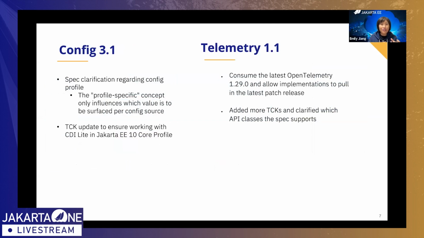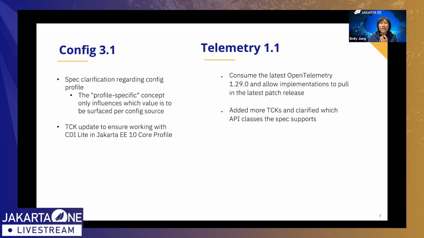If you are in dev, then the value for percent dev dot config name will surface out. If you are in prod, then the percent prod dot config name value will surface out. There's also a TCK update to ensure a runtime that only supports the Jakarta EE 10 Core Profile is able to run the config TCKs.